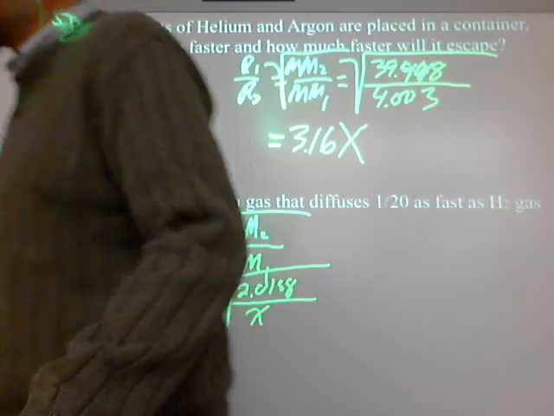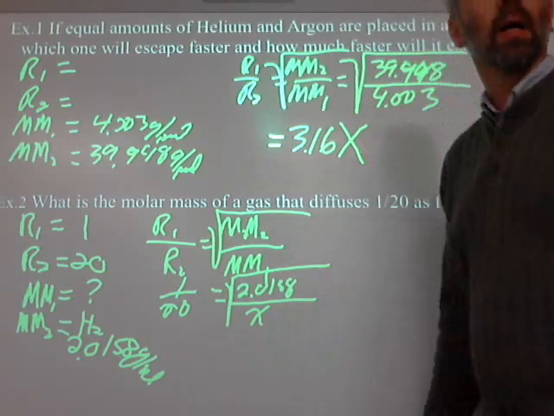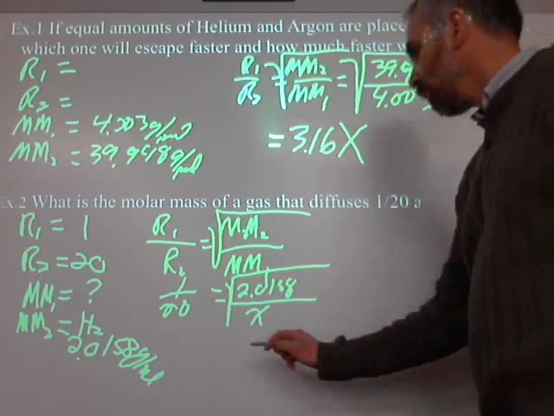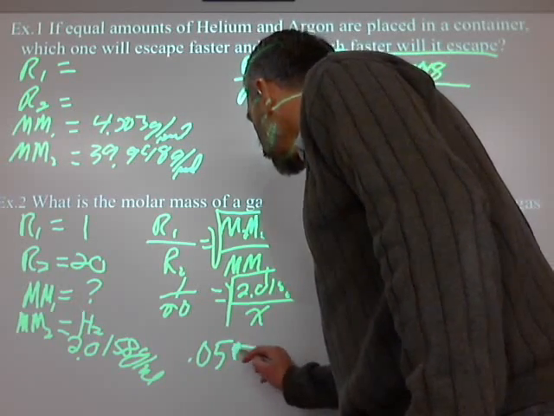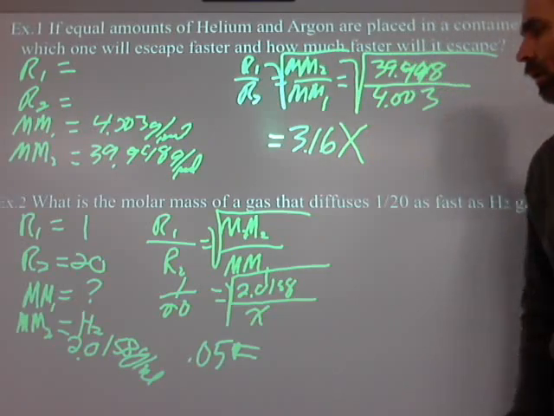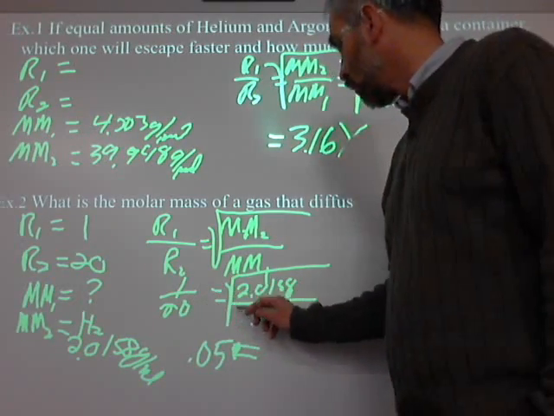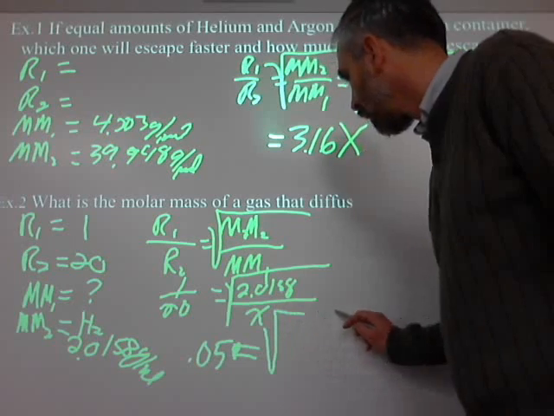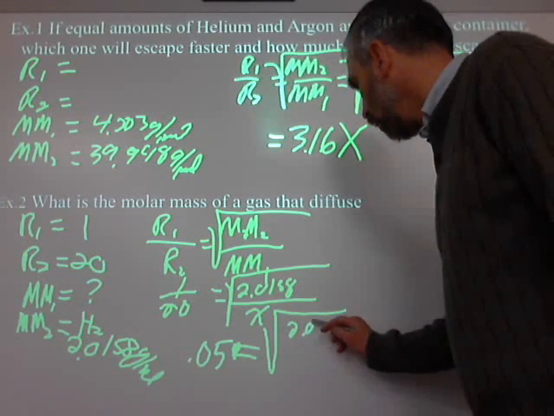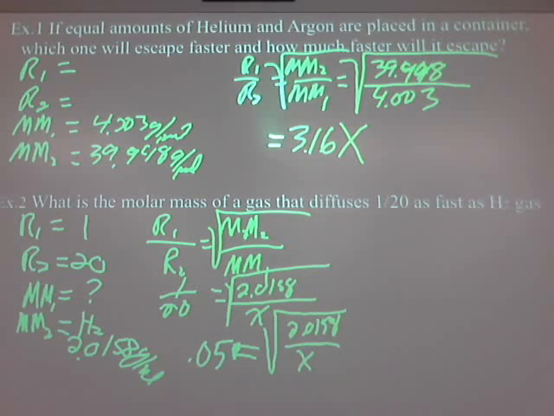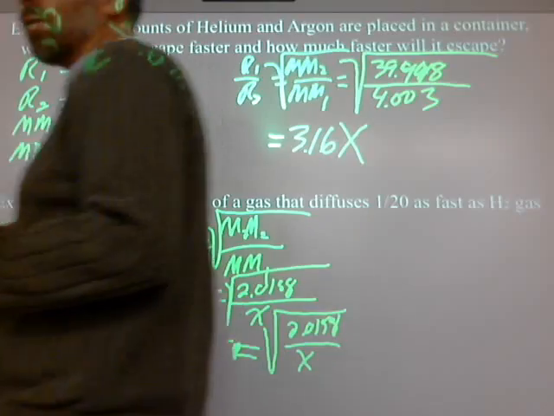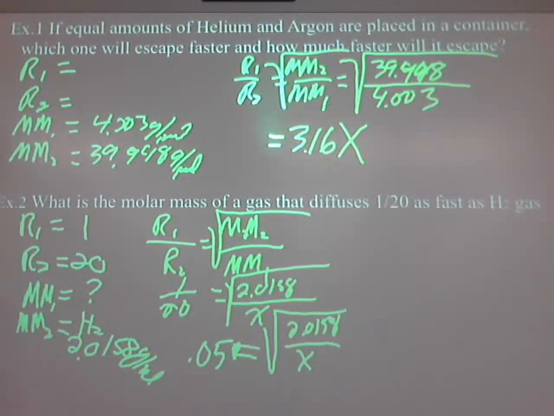What's 1 over 20 on a calculator? 0.05 equals the square root of 2.0158 over X. How can I solve that? I told you the last thing I want to do is talk about how to do the math for this. What could you do to solve this? Right, square both sides. Exactly.